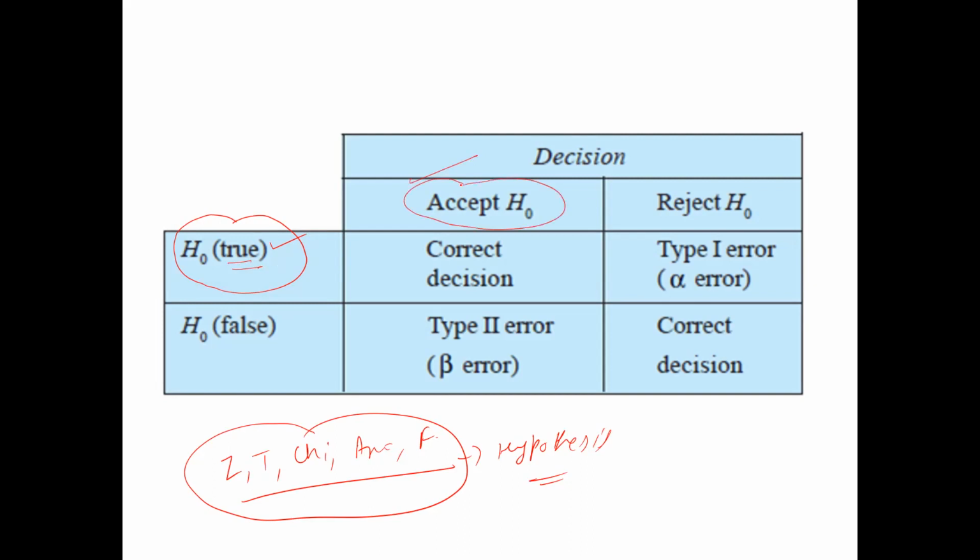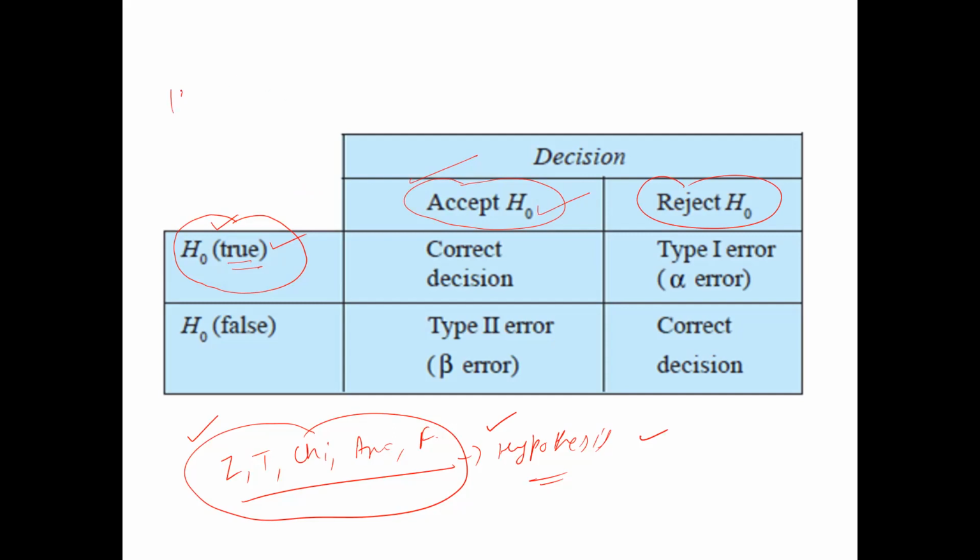Understand this clearly. When after applying some tests to your hypothesis, you come to the conclusion that your null hypothesis is true, but mistakenly or knowingly or unknowingly, you reject it, because this is not in your hands.